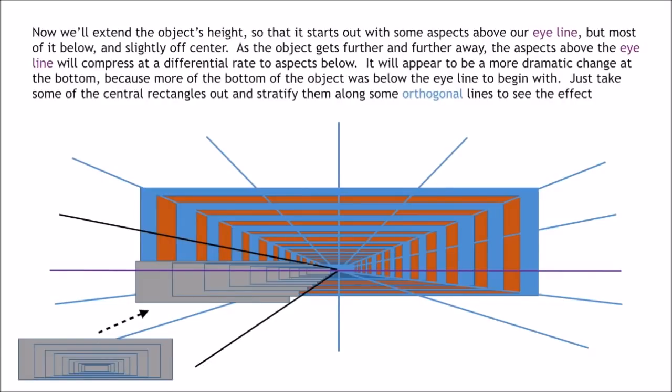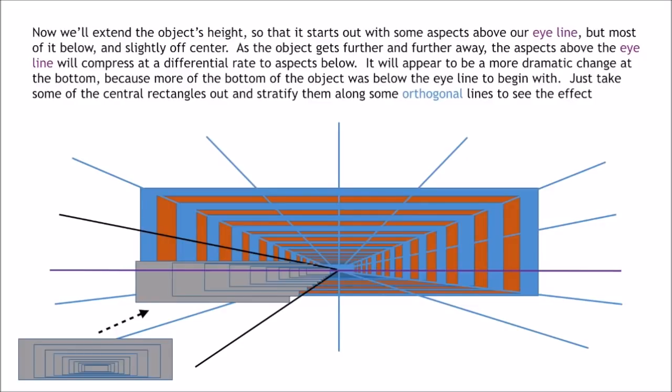All right, now we'll extend the object's height so that it starts out with some aspects of it above our eye line, but most of it below. So now this object is a little bit bigger. It's in front of us. It's now partially above our eye line and partially below when it starts out. As the object gets further and further away, the aspects above the eyeline will compress at a different rate to the aspects below.